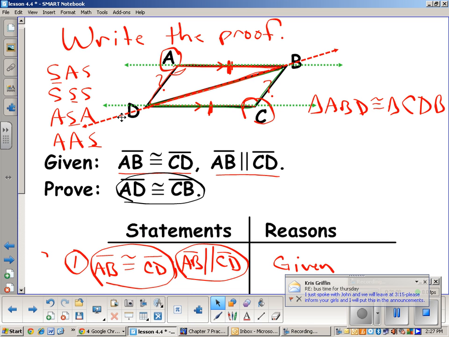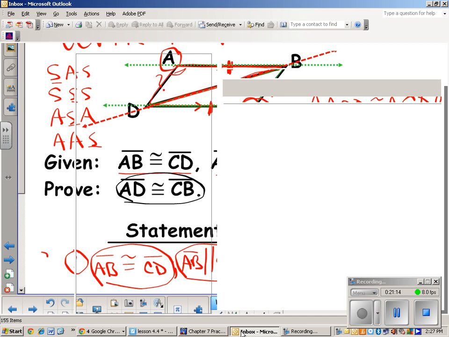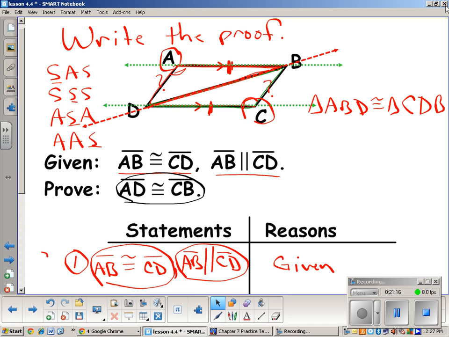Same side interior angles. And then we had another one that doesn't say, sorry, I got distracted. It doesn't talk about exterior angles, but what does it say? We had two about interior and one that doesn't say anything about interior or exterior. Corresponding angles. Remember, they mean same position, right?